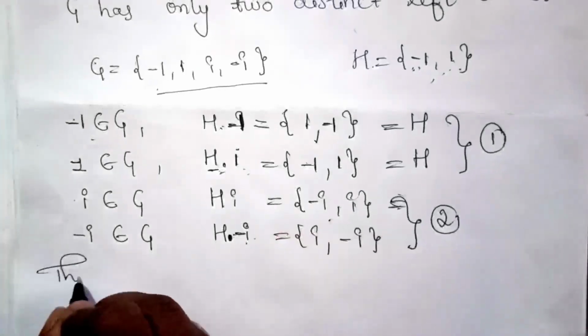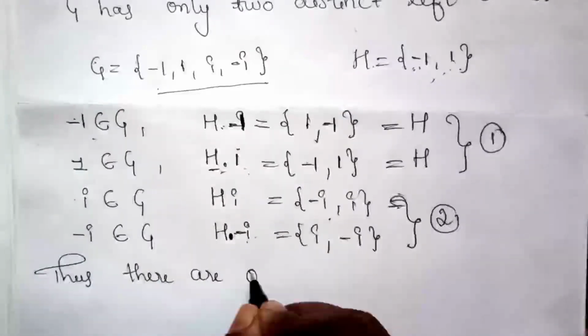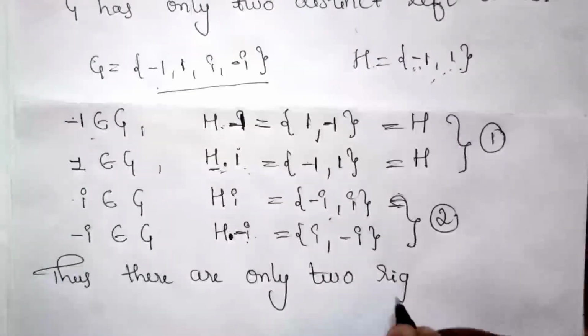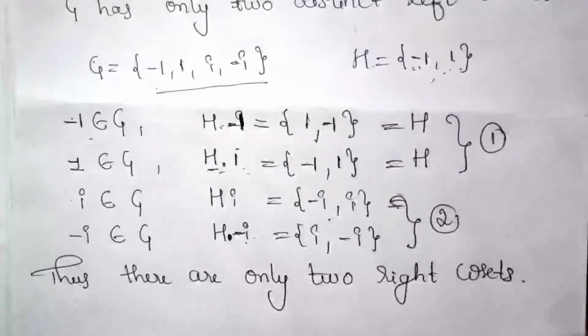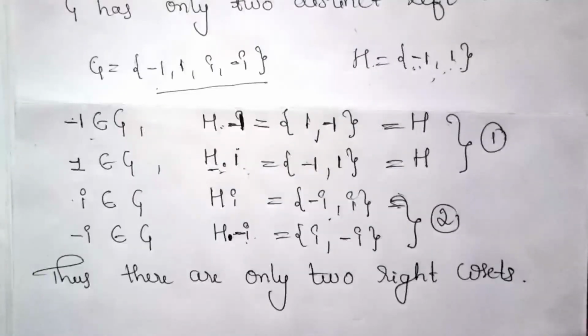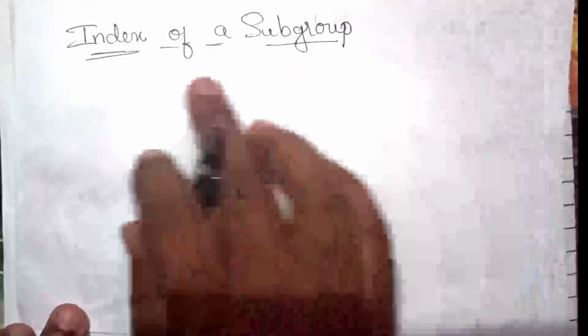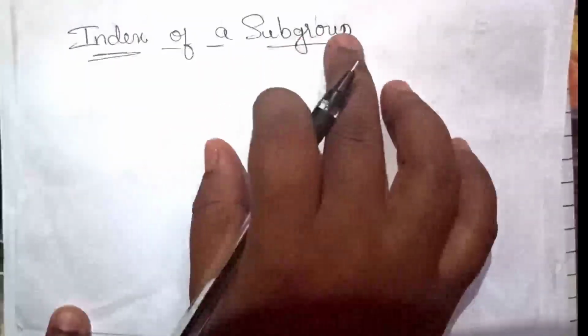Thus there are only 2 right cosets. Now you got the point. We go for the definition of the index of a subgroup.